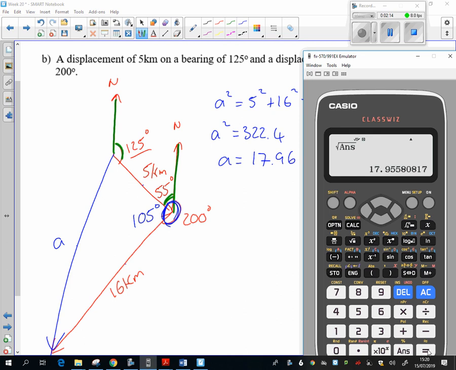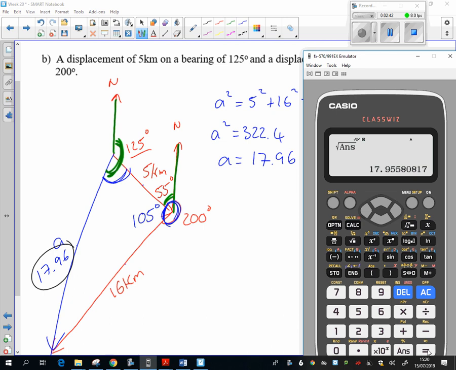Okay, so then can I get the bearing? So the bearing is going to be this total angle here measured from due north. So again, I want to get that interior angle of the triangle. And if I have a look, so now I know that a is 17.96.